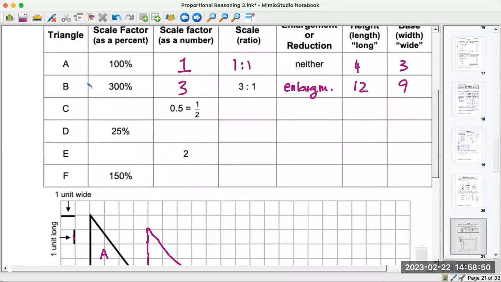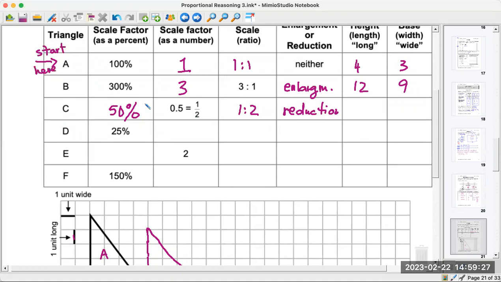Let's look at C. We only have one clue. Scale factor is 1/2. That's 50%. Okay, right here. It's 1/2. See, now here they do what I would do. Oh, that's weird. I would say it's 1 to 2. They didn't do that on the last one. And that's called a reduction. Small, half is small, yeah. And so we're always going to start looking here.